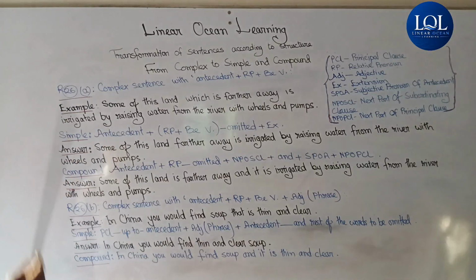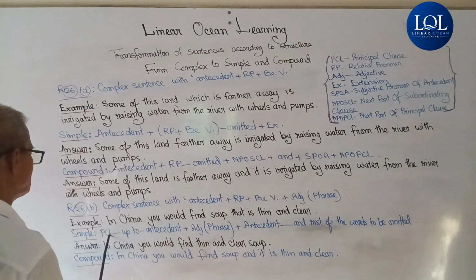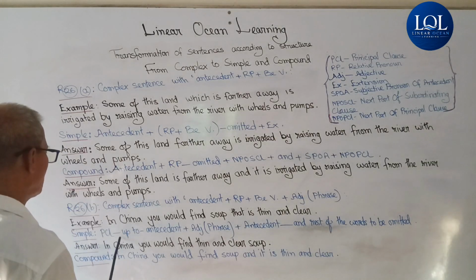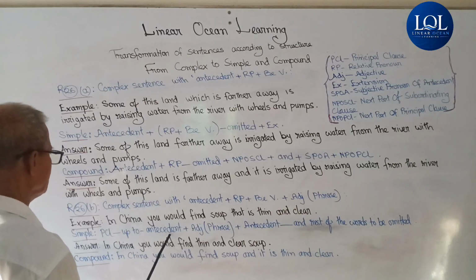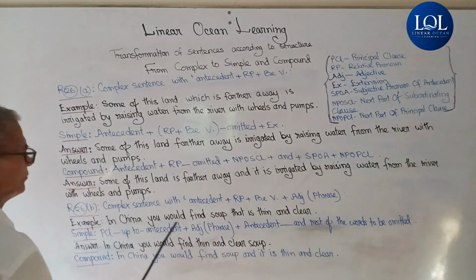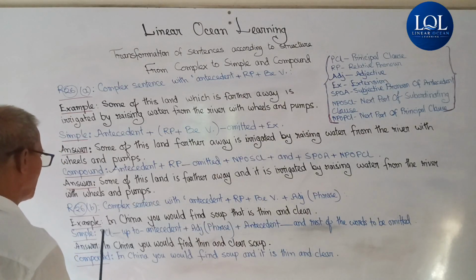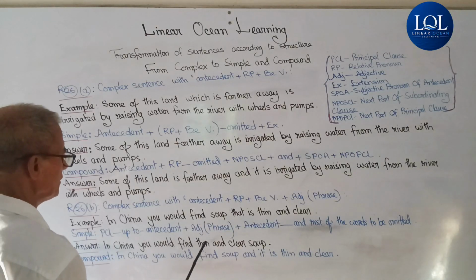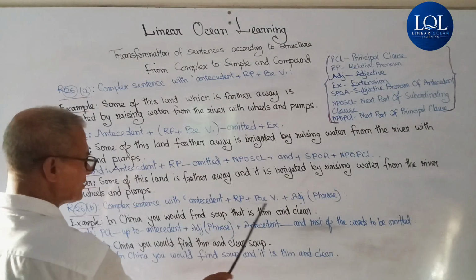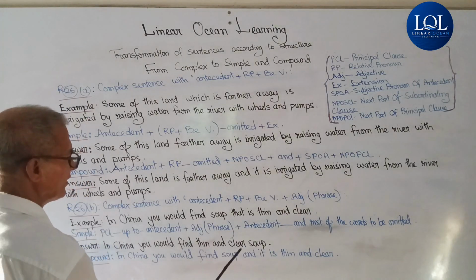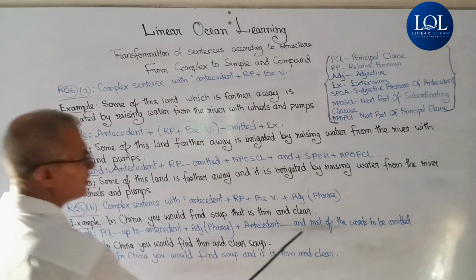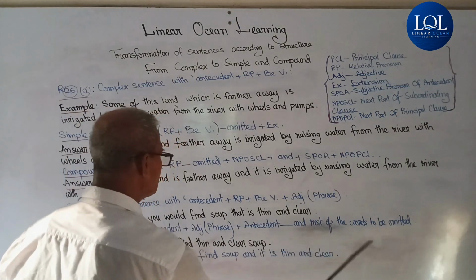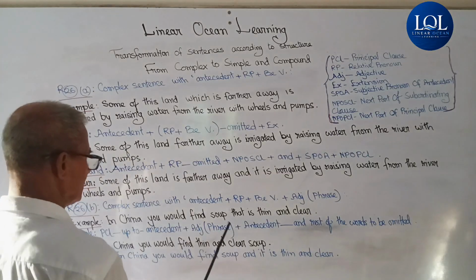So if we put it into a simple sentence, the structure we have to follow is PCl, principal clause, up to the antecedent. Here the principal clause is in China you would find soup. So up to the antecedent we write in China you would find, then the adjective or adjective phrase thin and clear, plus antecedent, and the rest of the words are omitted.